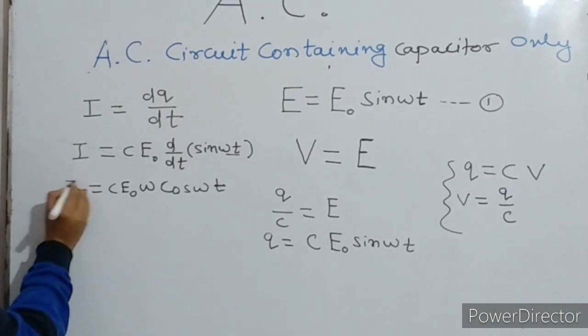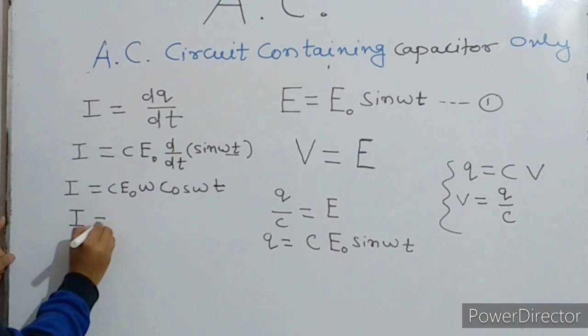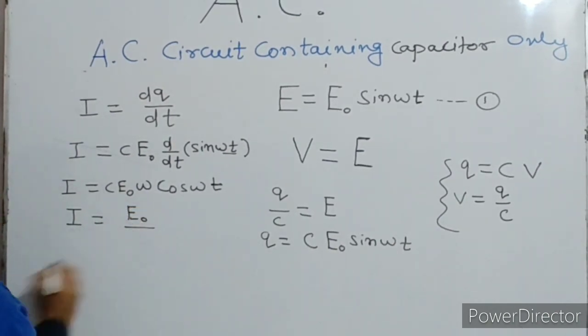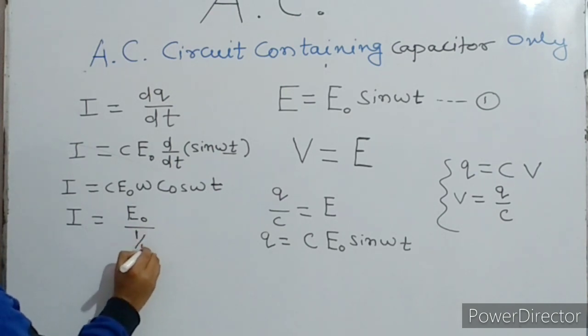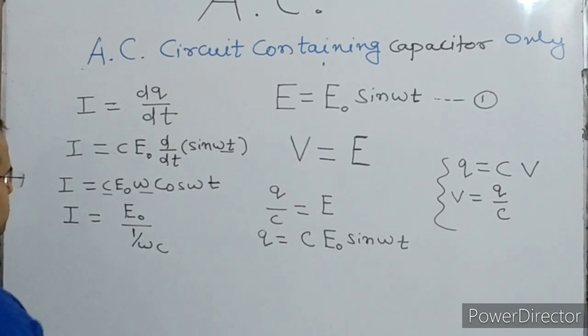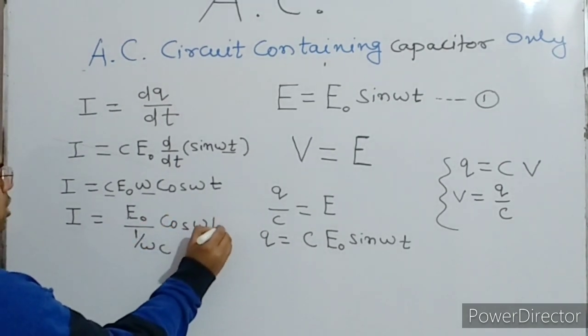Now this is the current, and we can write this as I is equal to E naught upon 1 upon omega C, cos omega t.